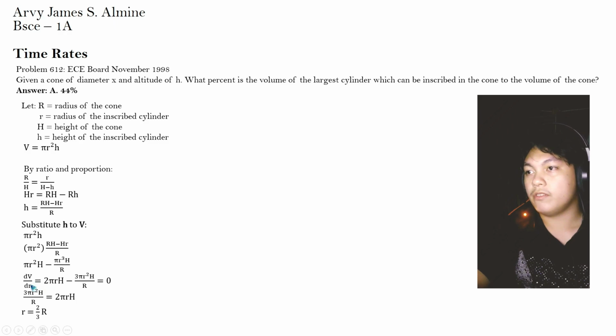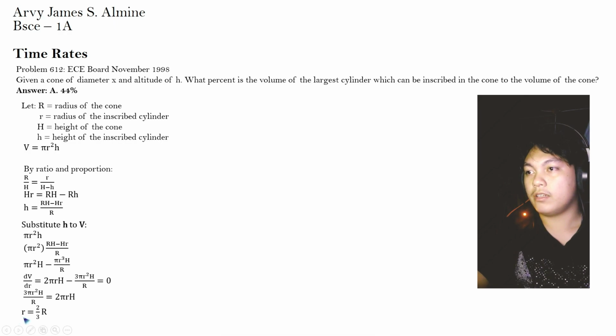So perform the derivative. dV over dr is equal to 2 pi rH minus 3 pi r squared H over R is equal to 0. So let's move this one. We have 3 pi r squared H over R equals 2 pi rH.